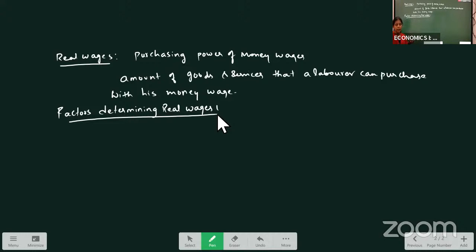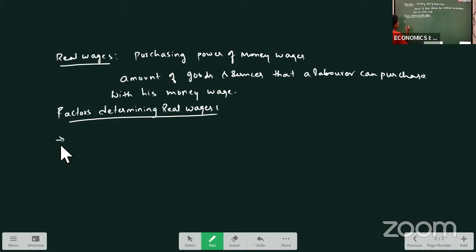Means I'll be earning some 10,000 rupees as my income every month. With that 10,000, how much can I purchase? Sometimes I can purchase in more quantity, sometimes I can purchase in less quantity. On what basis will these changes happen? Those are called factors determining real wages.